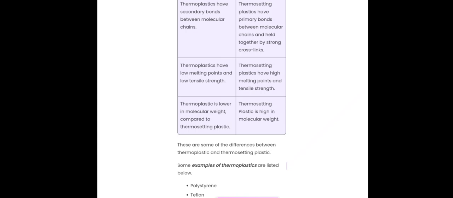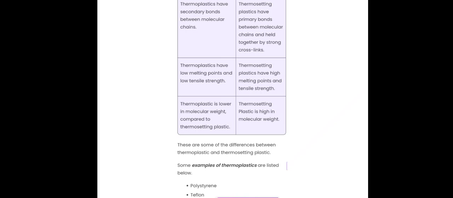The next point, thermoplastics are soluble in almost all organic solvents and other solvents, whereas thermosetting plastics are insoluble in almost all of the solvents.